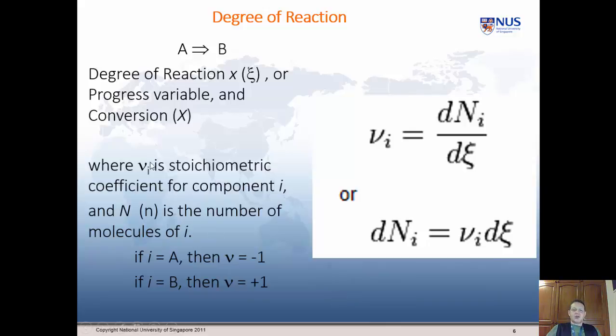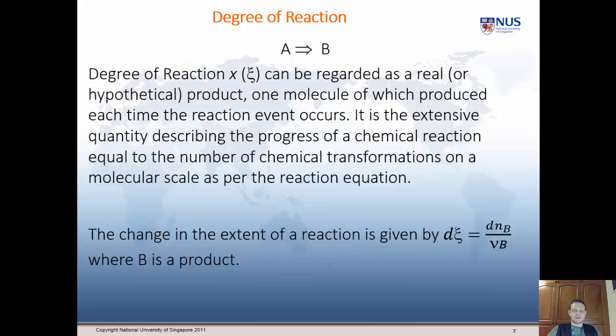I need to talk a bit more about little x and capital X, because one is an extensive variable and one is an intensive variable, but we'll get to that in a couple of moments. So let's talk a bit more about the degree of reaction, little x.